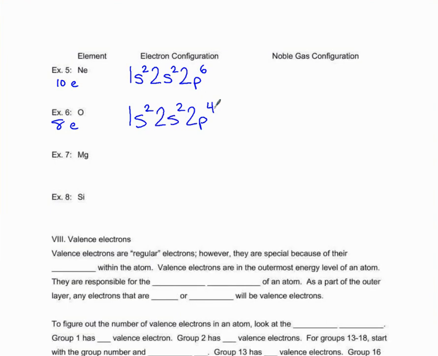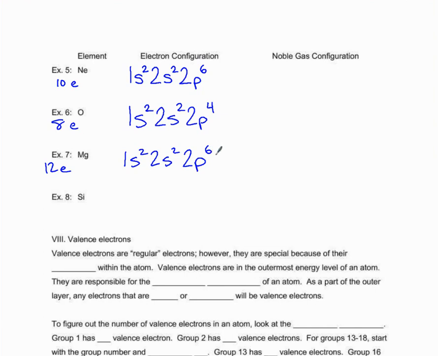Magnesium. Remember, it had 12 electrons. Starts with the 1s. There's 2 arrows in there, 2 electrons. Then 2s. Again, there's 2 electrons. Followed by 2p. We have 6 arrows in 2p, representing 6 electrons.